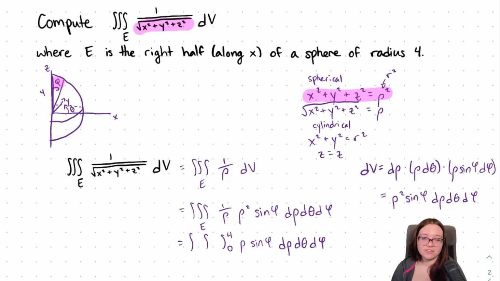Now we need to figure out the limits for our theta integral. Remember, theta is the angle in the xy plane. Since we measure from the positive x-axis, our lowest is going to be negative down here. We're cutting when y is -4 and x is 0, and that corresponds to the angle negative pi over 2 radians.